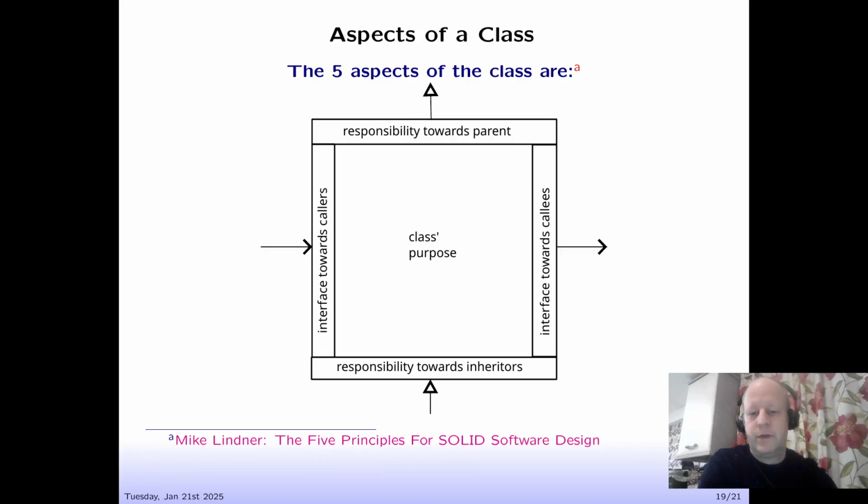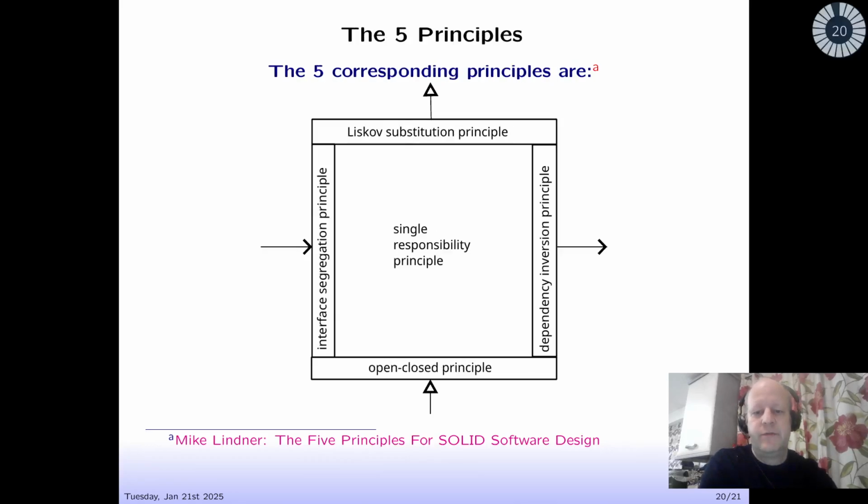And this is basically matching the 5 solid principles. So for the class internal or method internal implementation, you have the single responsibility principle. For the class inherited from, you have the Liskov substitution principle.